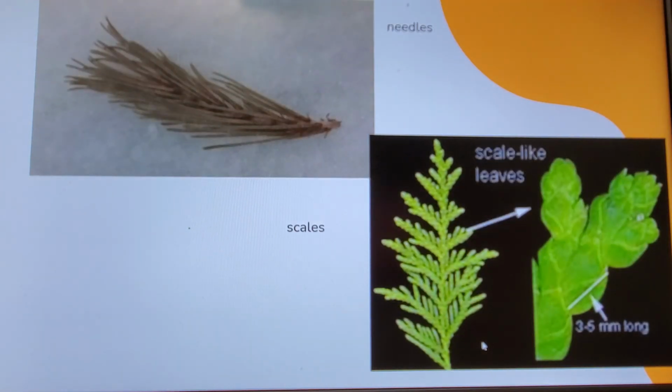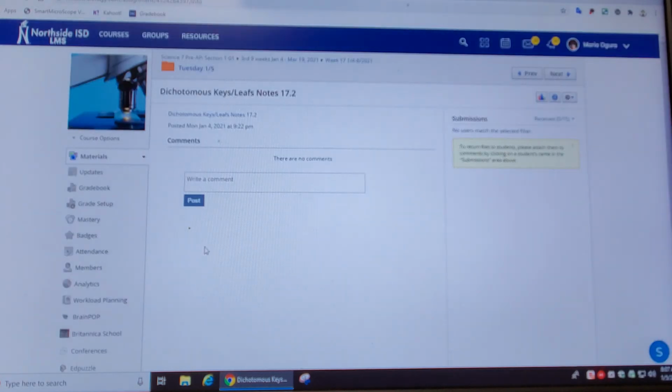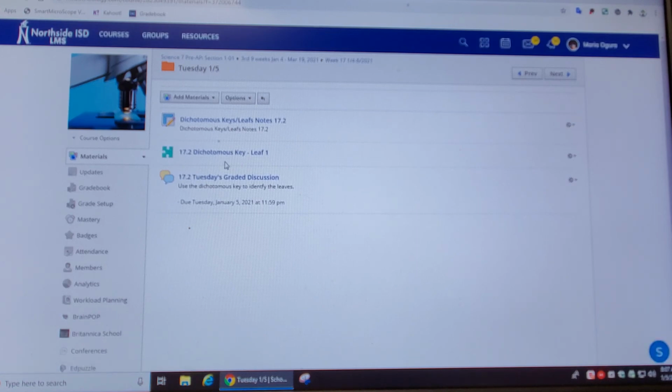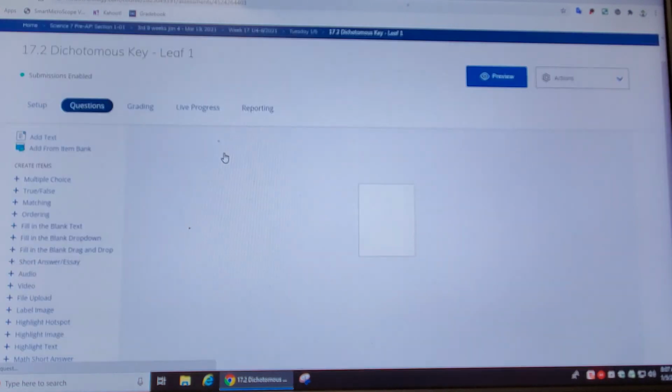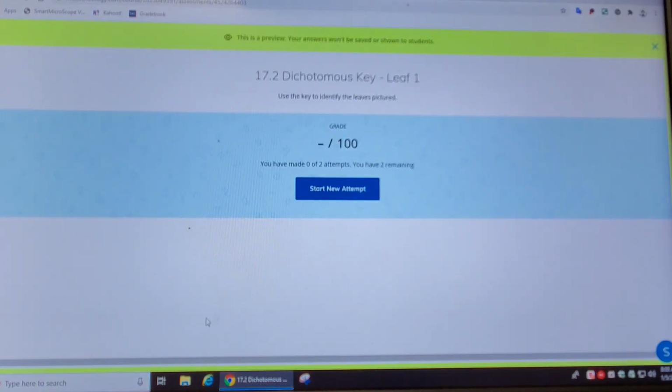And that is the end of our notes today. Make sure you get that into your notebook. And as I go back to today's lessons, you also have a question here that you need to answer. Take care of that.